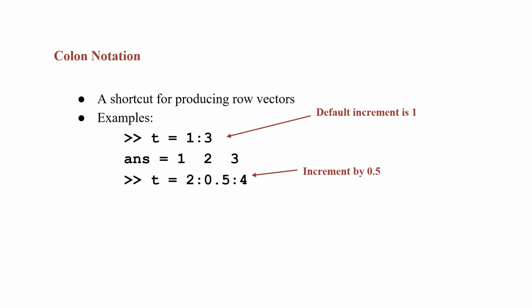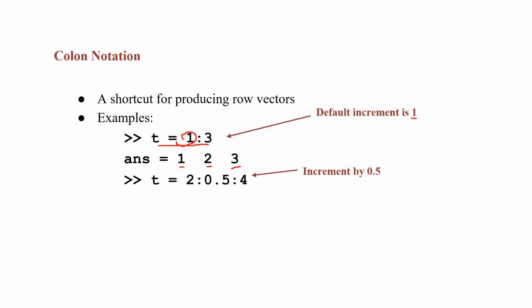For example, if we say t is equal to 1 colon 3, this will mean I want to create an array starting at 1. If I don't specify the increment value, it will mean the increment must be 1. So starting from 1, increment by 1 until you reach 3, or the limit has to be 3. You should not exceed 3. So 1, increment by 1, I get 2. Increment by 1, I have 3. 3 is my limit, so I will stop here.